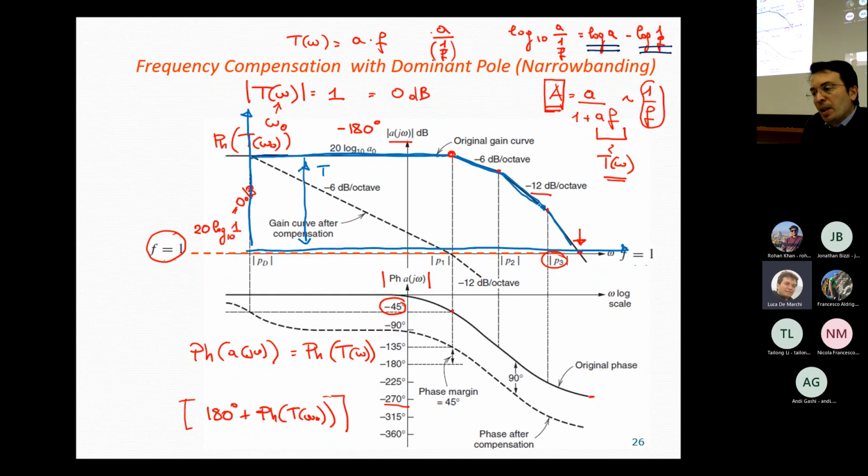Let's recall that the Nyquist criterion should be related to the condition in which T of omega is equal to 1, again equal to 0 dB, then it is evident that this point here is indeed omega null, omega 0 dB.